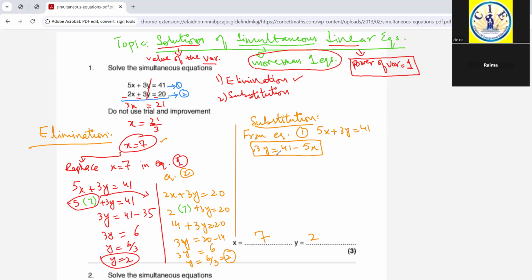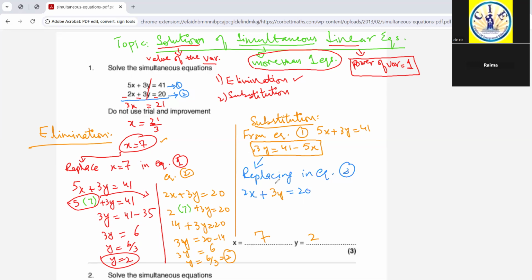If I replace this value into the second equation, what would I get? 2x plus 3y equals 20. This is my equation.